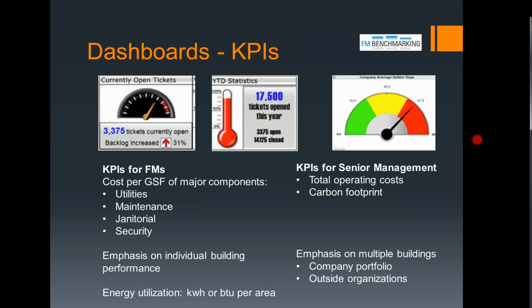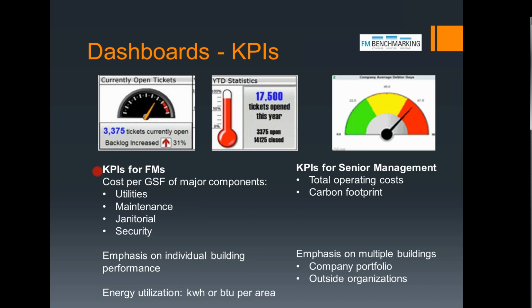The point of this one is I started to look at some dashboard KPIs, and there are any number of ways organizations are using dashboards these days, what's important and what isn't important, and how that gets identified. And just a few quick graphics of how dashboards look. But over on the left side are the KPIs for FMs.